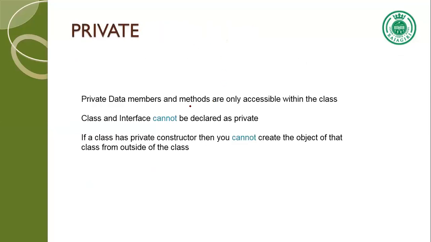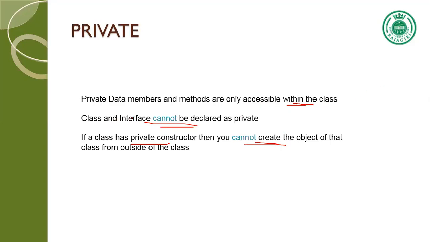As you know, private can be accessible only within the class. Class and interface cannot be declared as private. If you have something like a private constructor, you cannot create an object. So please note these points. Private can be accessible only within the class.